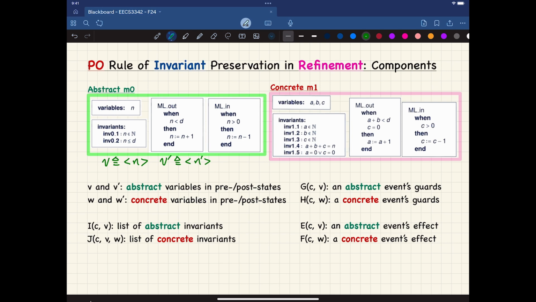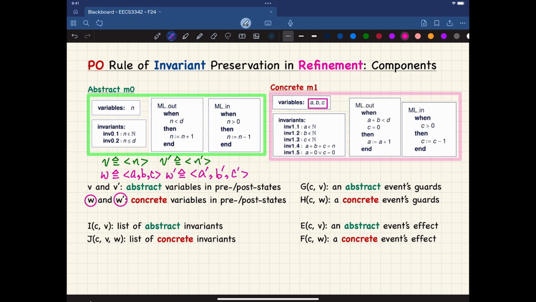Now, since we have the refinement model, we have W and W prime. Whenever you see W or W prime in a formula in the proof obligation, you will know that it's referring to concrete states. What about in this case? We have A, B, and C. So W, by definition, would be the pre-state values A, B, and C. And W prime, by definition, would be A prime, B prime, and C prime. Straightforward.